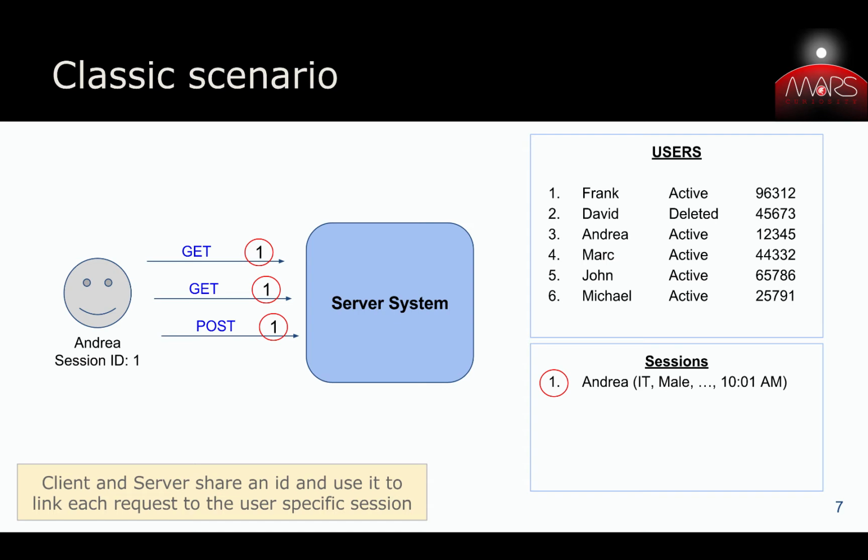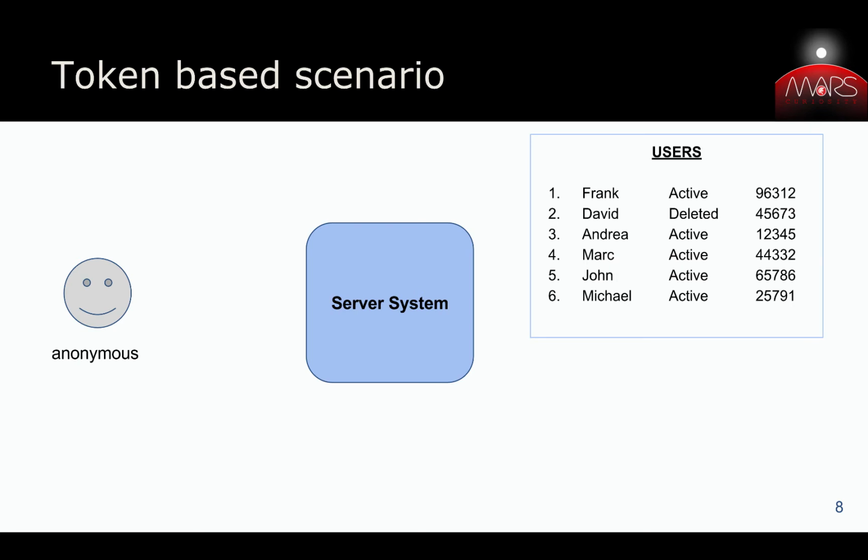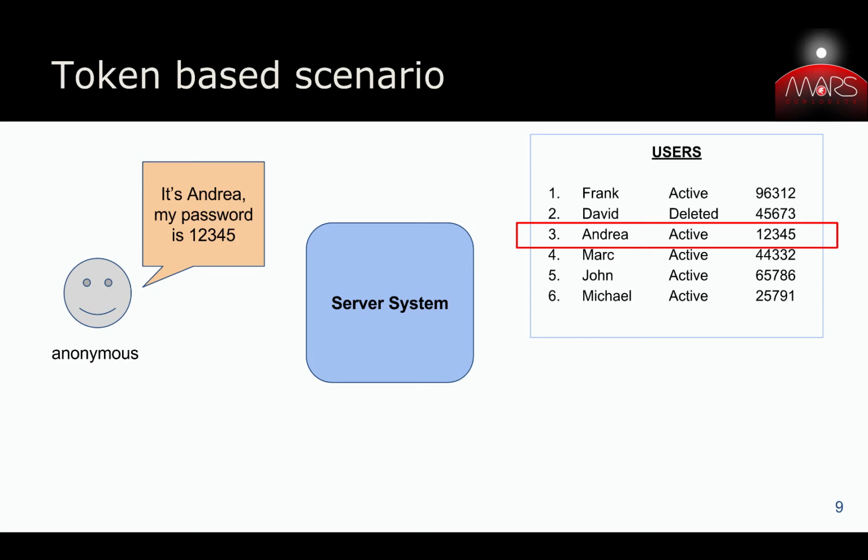So the client and the server share the session ID, but the session data lives on the server side of the system. A new scenario is taking very huge popularity these days: the token-based scenario. It has some similarities, because we have a user and a server system that has to be able to validate the user credentials.